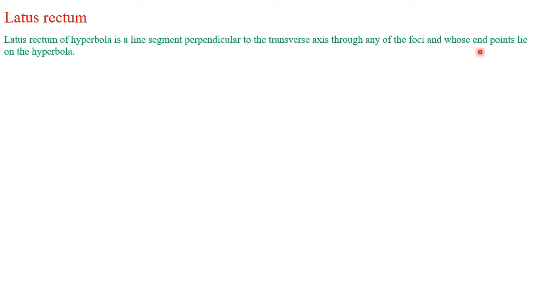If the equation of the hyperbola is x square by a square minus y square by b square equal to 1, then the length of the latus rectum is 2b square by a.